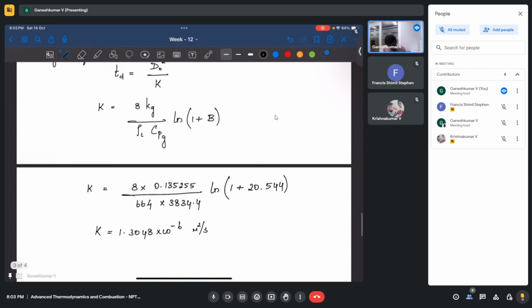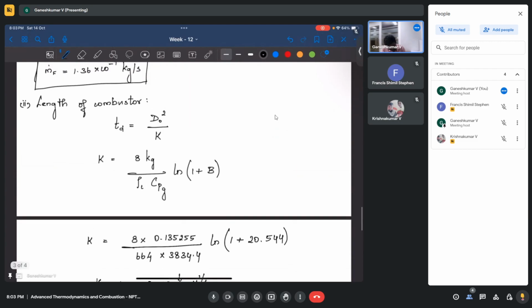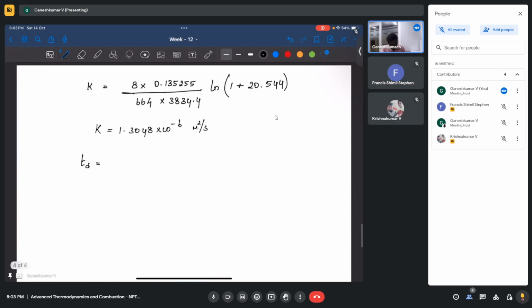Okay. Now if we substitute in the droplet lifetime, we have d naught, which is 200 micrometer. So 200 times 10 power minus 6, squared, divided by k, 1.3048 times 10 power minus 6. Let me quickly multiply that also.